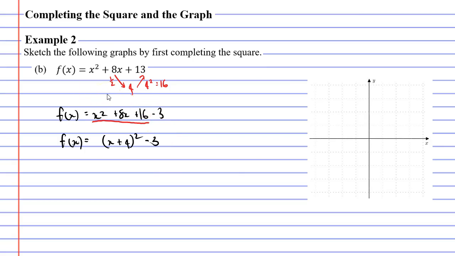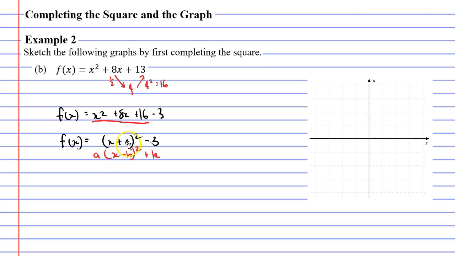We now have f(x) equals (x + 4) squared minus 3, which has been written in the form a(x - h) squared plus k. So we can see that a equals 1. Not that that really matters. We don't need to figure out a.